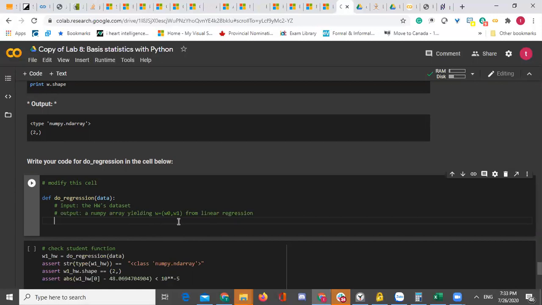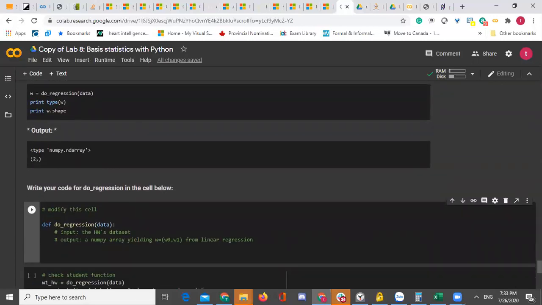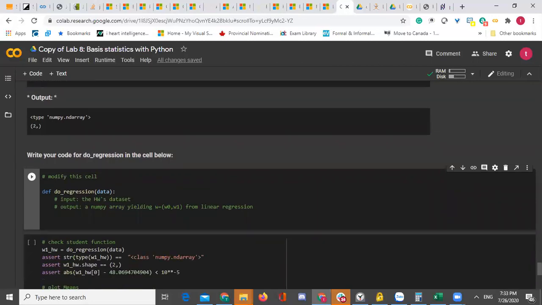Okay, so let's see. Do regression with W1 shape. So basically, try to find the shape of W0 and W1.